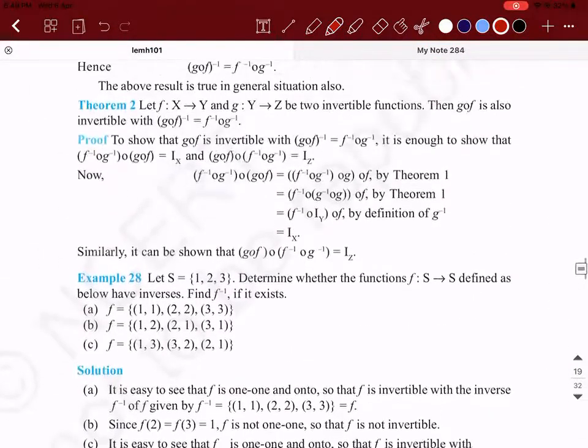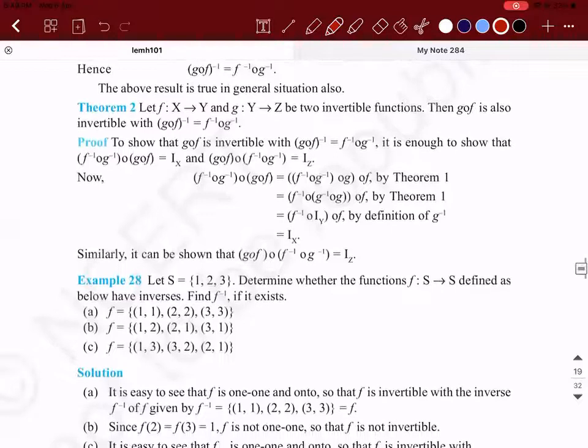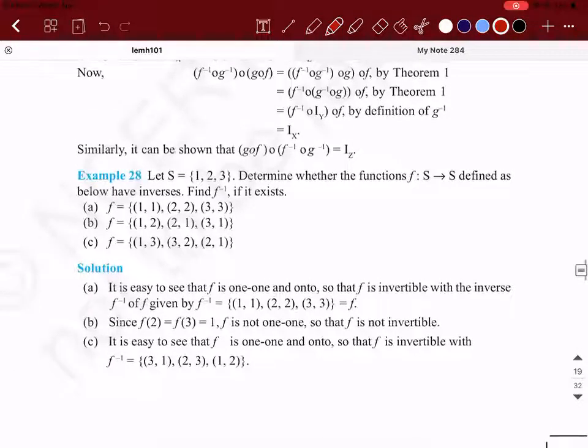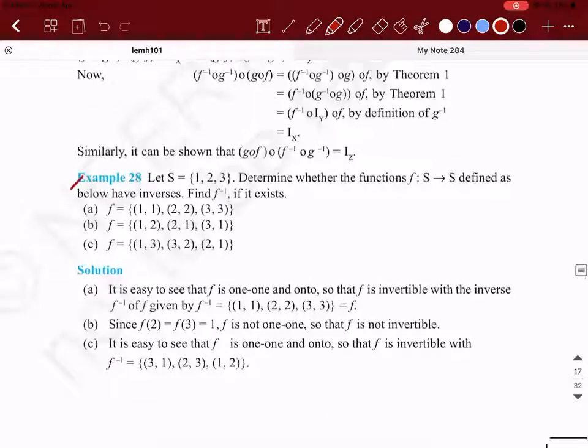So shall we see the remaining ones? This one we didn't see, no? Did we see 28 now? No, let's do it fast now. S is equal to {1, 2, 3}. Determine whether the function mapped from S to S defined below has an inverse. f is equal to {(1,1), (2,2), (3,3)}. It is one to one and onto, so yes, it is bijective.